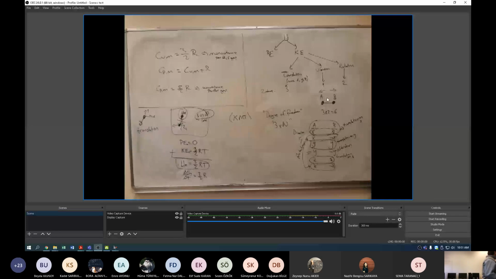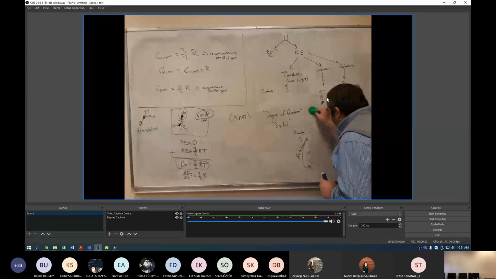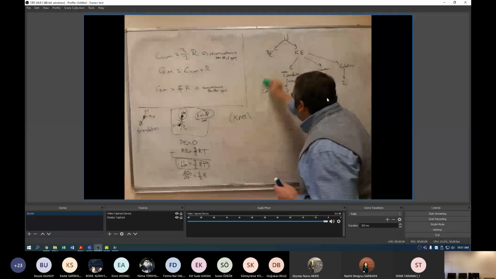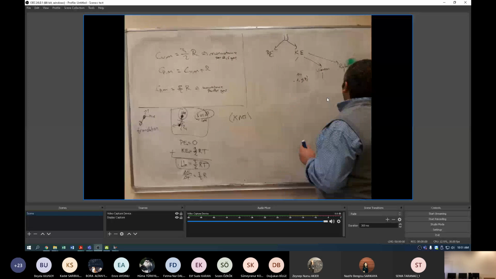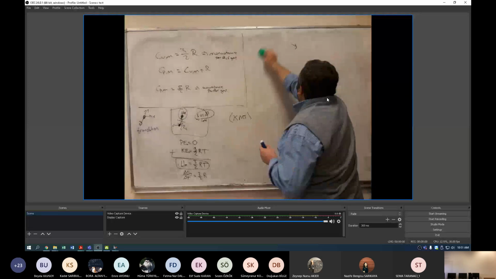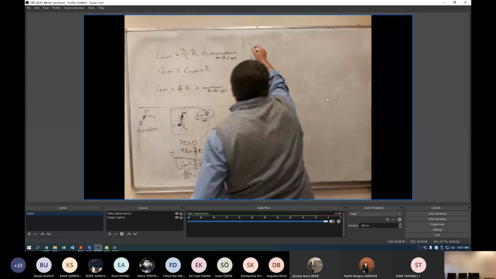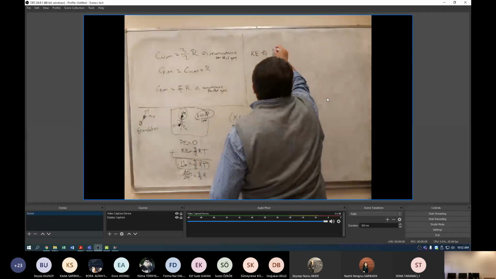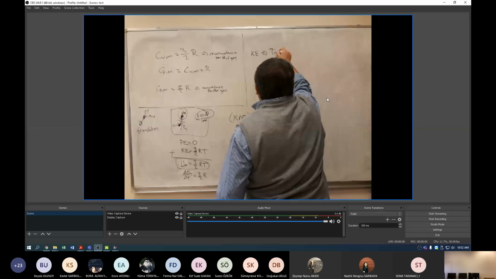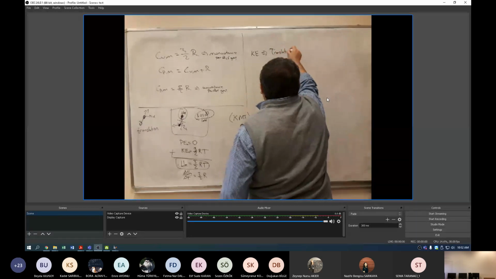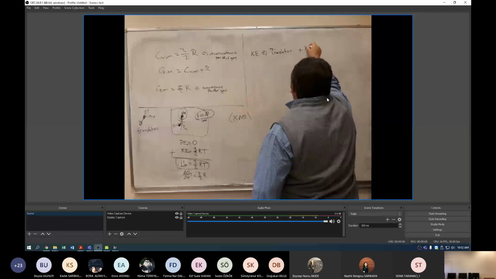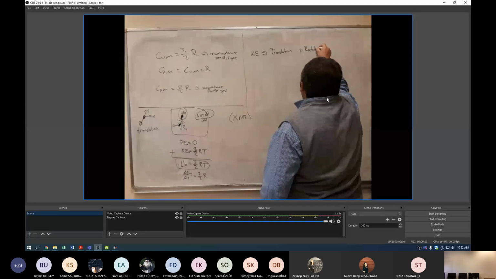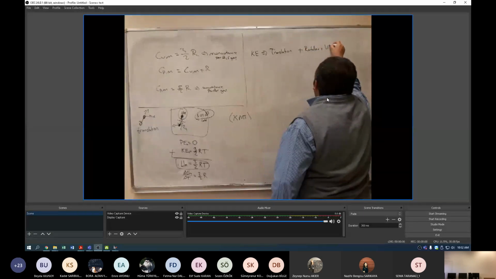Let's formulate this instead of explicitly writing it. We said kinetic energy has three components: translation, rotation, vibration.